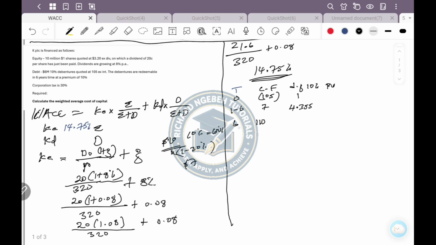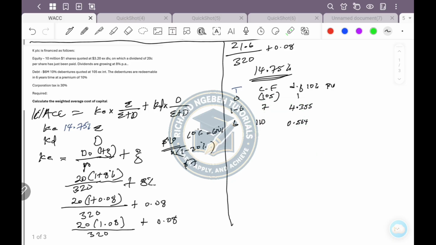Under the present value table, year 6 at 10% rate, you'll be able to see 0.564. So all you need to do now is multiply these ones.